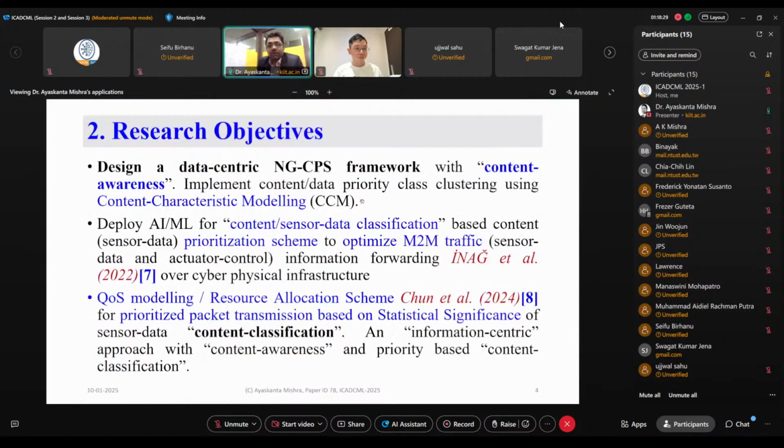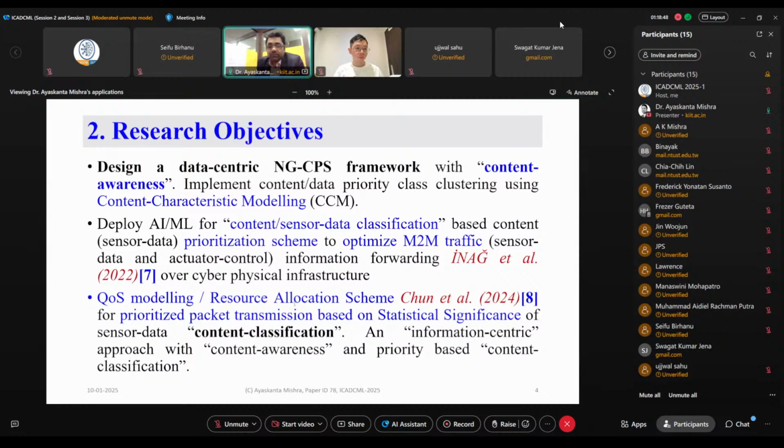So we have formulated some objectives for this research by designing a data-centric cyber physical system framework with content awareness, implementation of priority class and content characteristic modeling.